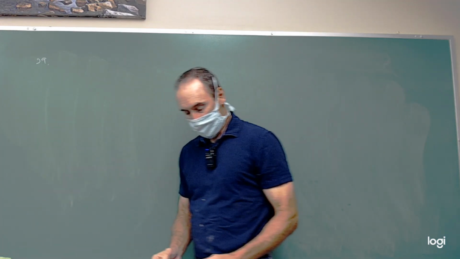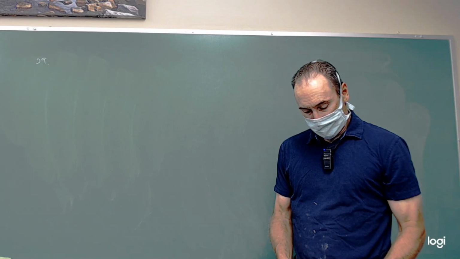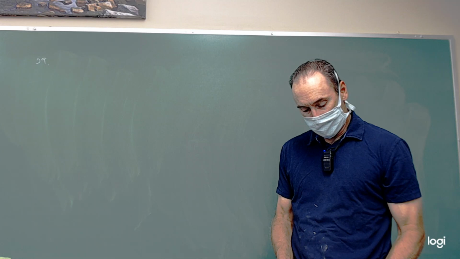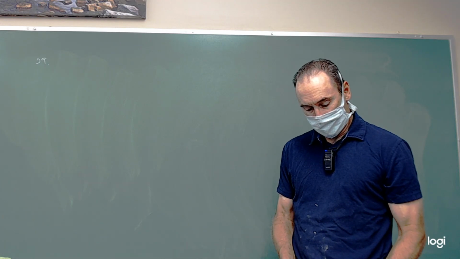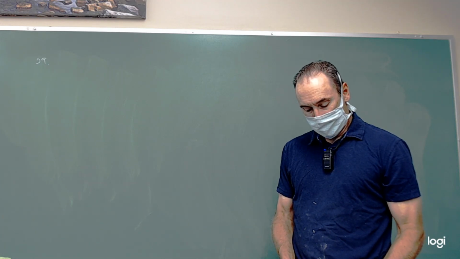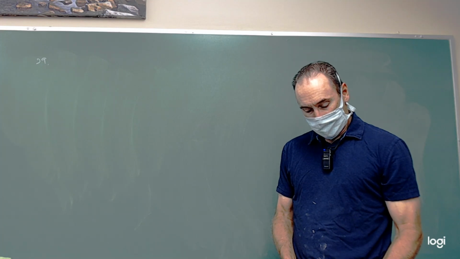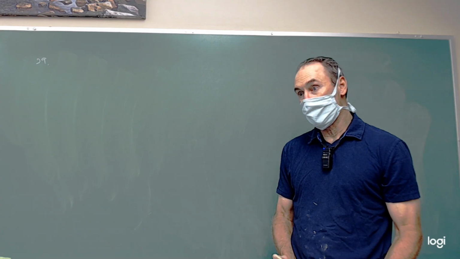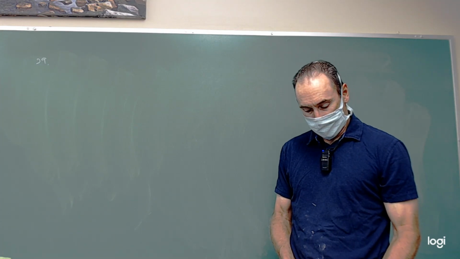In economics, the demand for a product is the amount of product that consumers are willing to buy at a given price. The quantity demanded of a product usually decreases as the price of the product increases. So the price goes up, people aren't as willing to buy it.